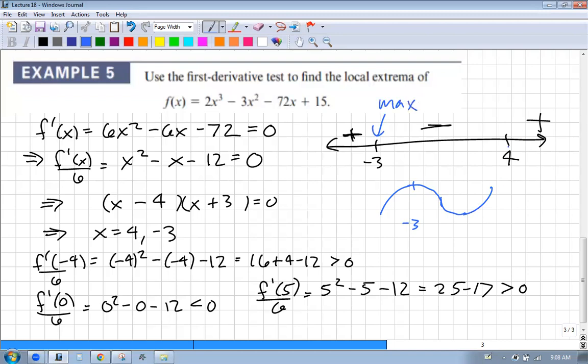And over here at 4, where it's decreasing, 0, and then increasing, this is going to be a local minimum. That makes sense? This is our first derivative test. Pretty easy stuff: take the derivative, find the zeros, and then figure out where it's positive or negative.